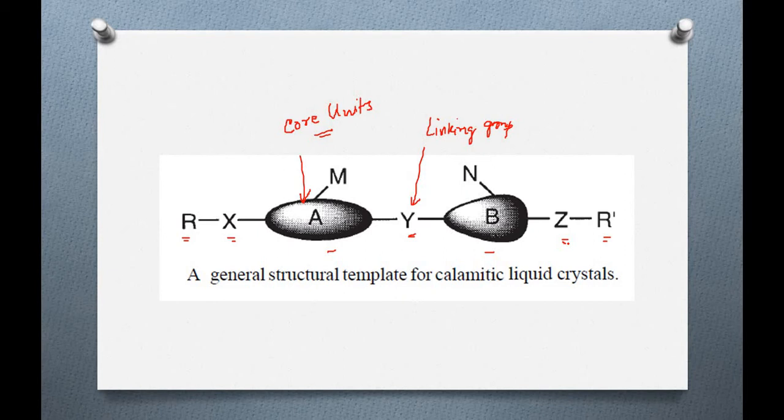Here we also have M and N. I just forgot to talk about them. So M and N are basically called lateral substituents. So let me just write it. They are called lateral substituents.